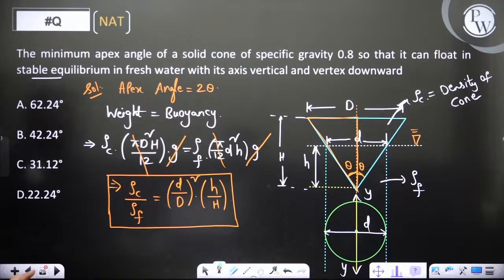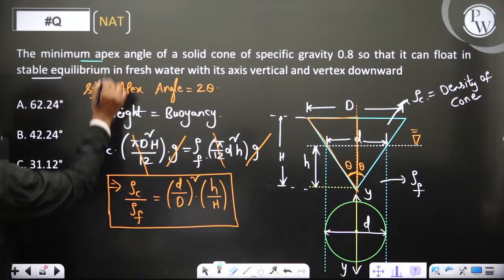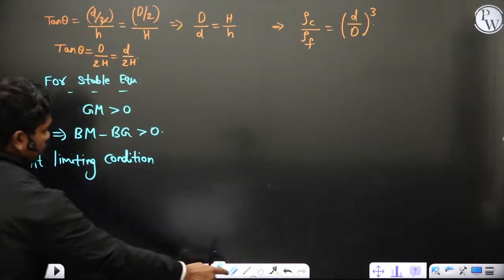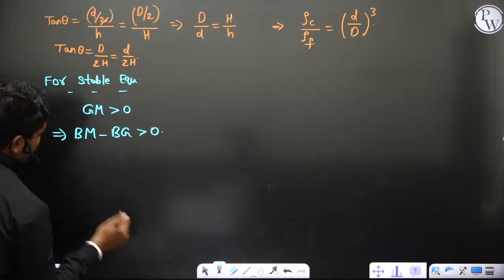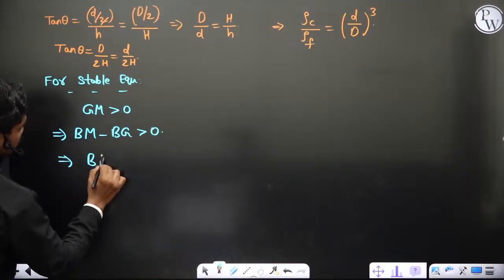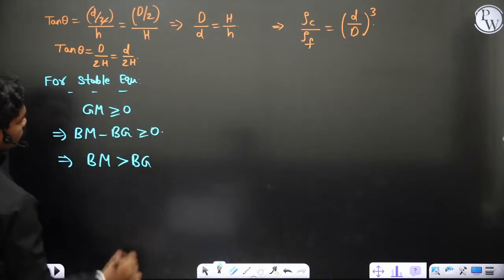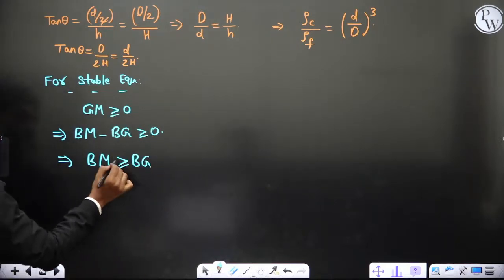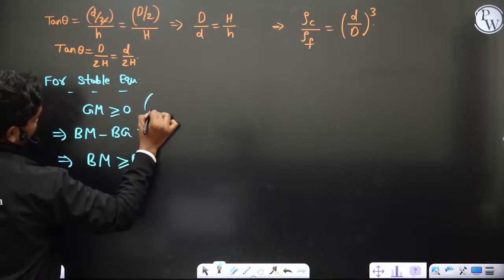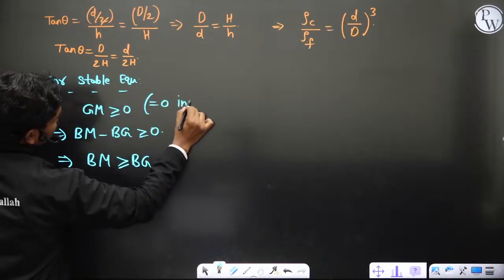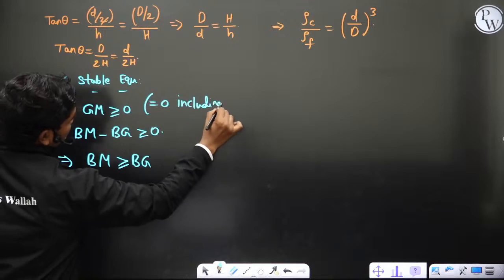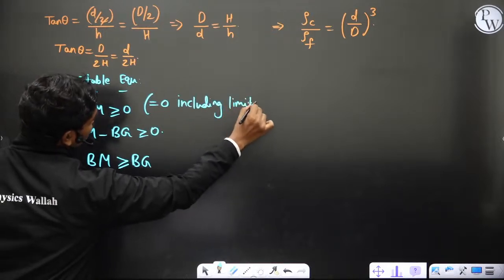The minimum apex angle. Fine, so they're asking you for minimum. So let us see, BM is greater than or equal to BG, where the equality sign is for the limiting case. Equal to 0 including limiting case means just when the cone is stable. So limiting case.